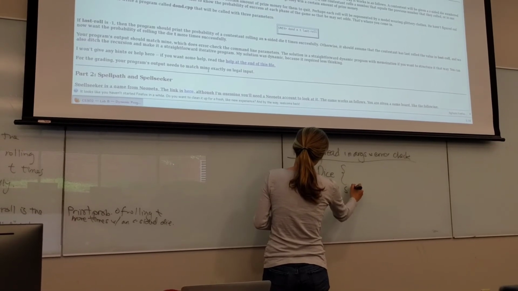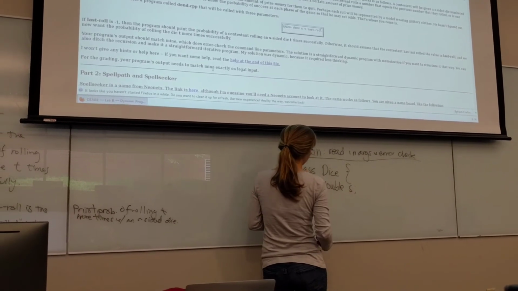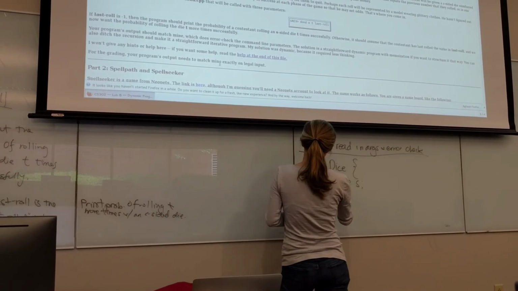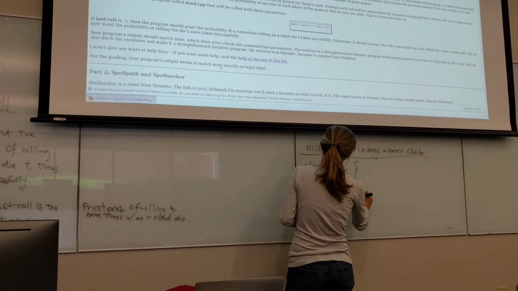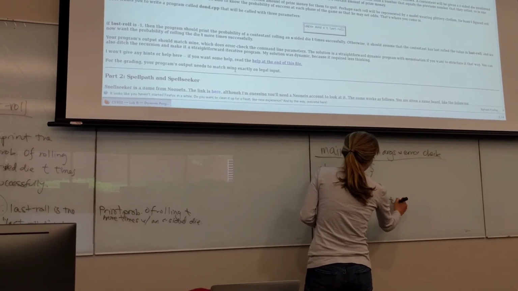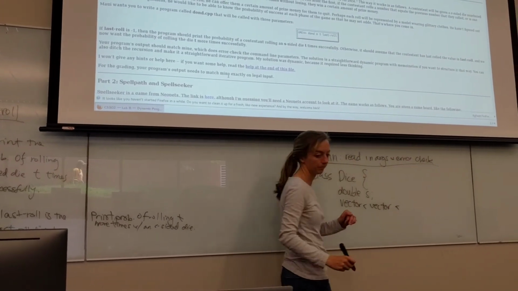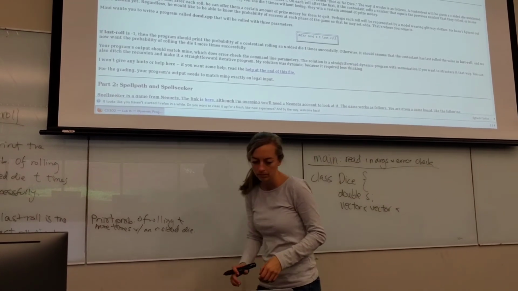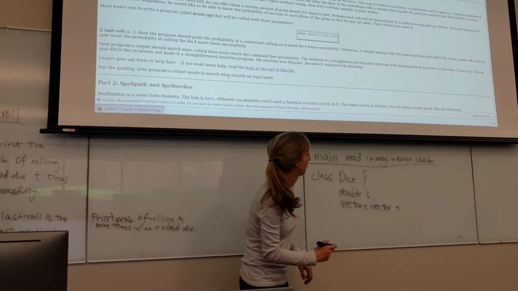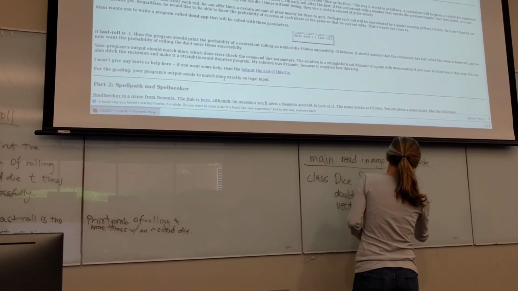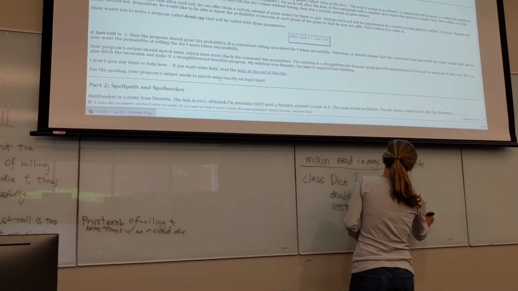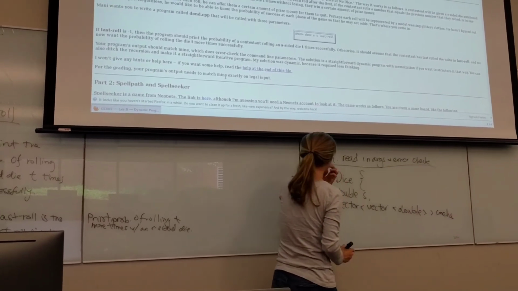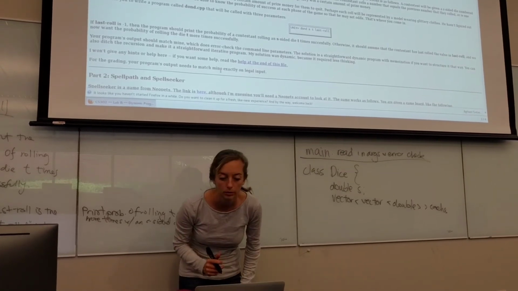So a double S, and then your cache, a vector of vectors of doubles, because it's keeping track of probabilities. And your recursive call.